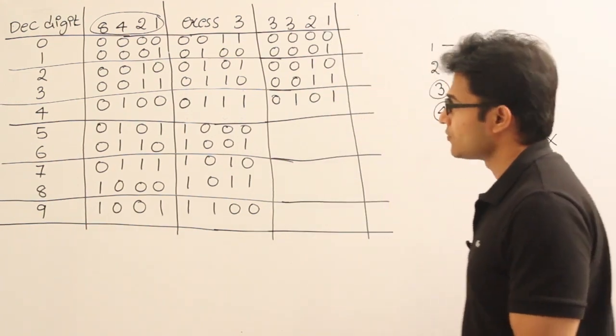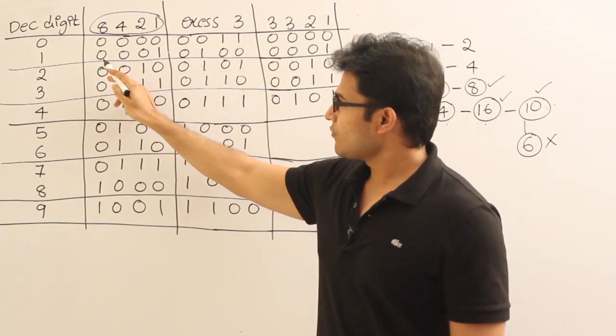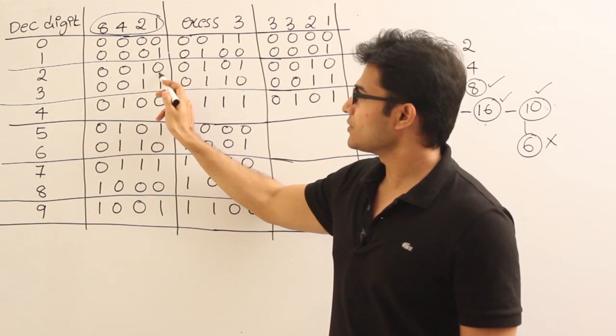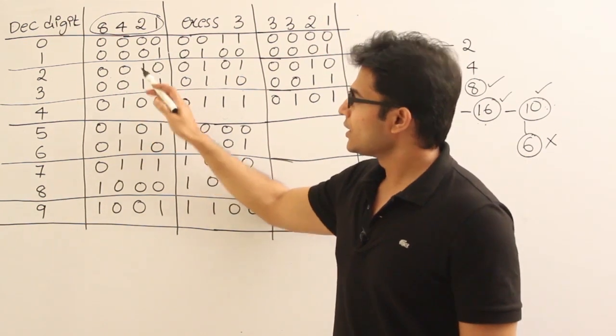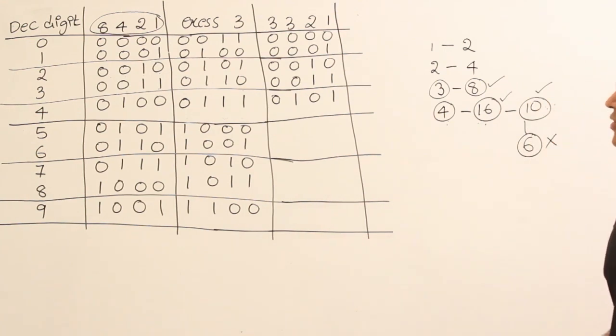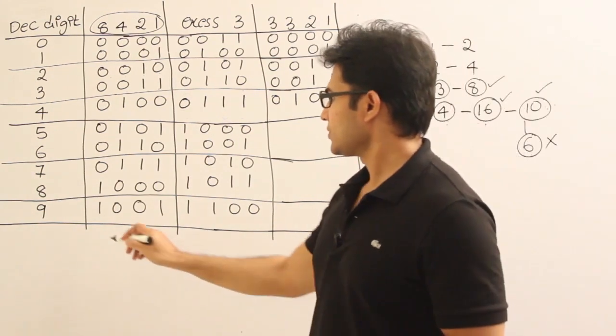For example, 0 is represented with 0000, 1 is represented with 0001, 2 is represented with 0010, 3 is 0011. Like that you can represent all of them. So it is straightforward. It is simply binary representation only. So 8421 is normal binary numbers, right?